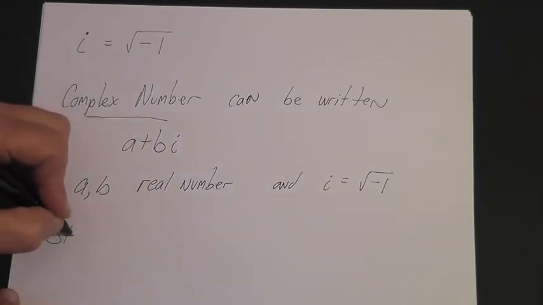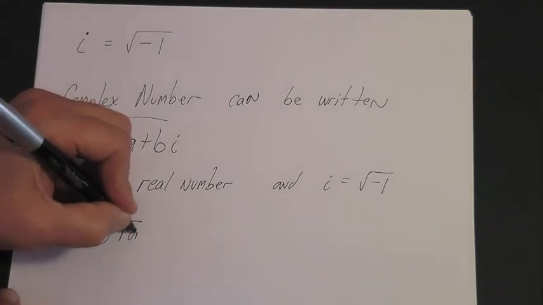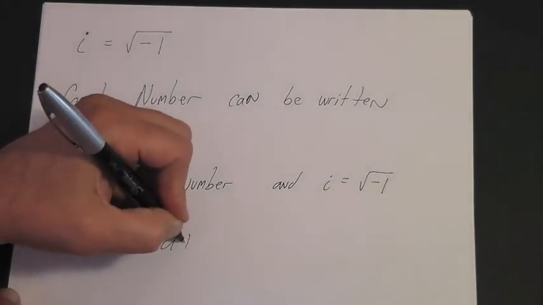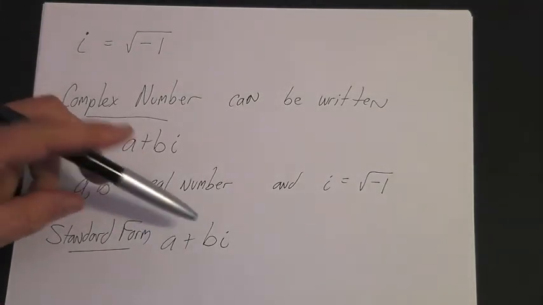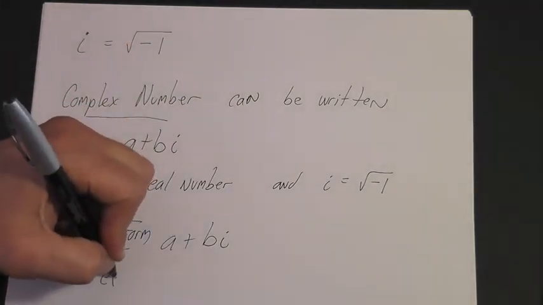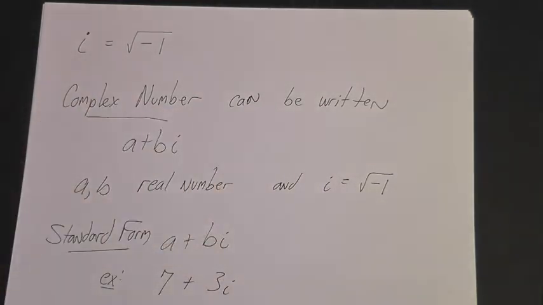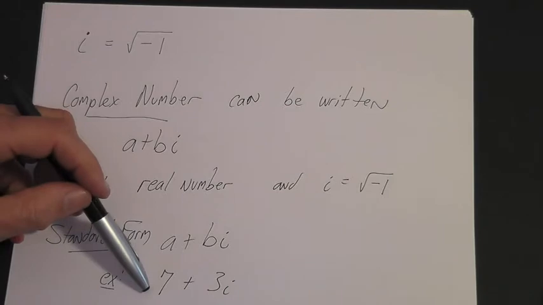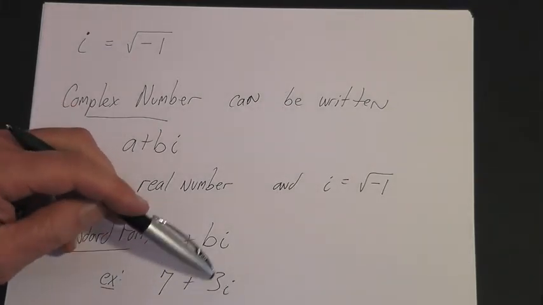And we call this the standard form of a complex number, a plus bi. In other words, it's written in standard form if the real part comes first and the imaginary part comes second. An example of this would be 7 plus 3i. The 7 is the real part. The 3, this is 3 times the square root of minus 1, which is the imaginary part.